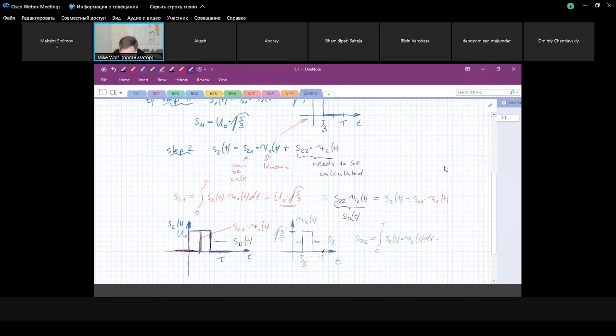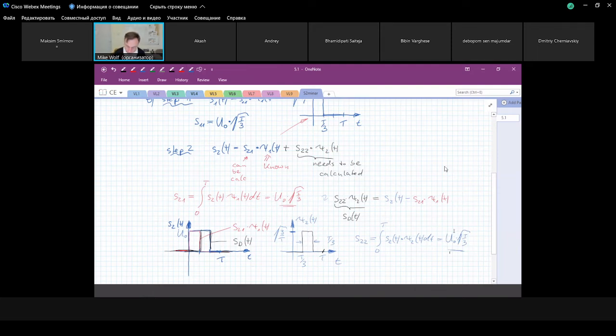But what is it? This is SD of t, the amplitude is u0. And how do we have to weight this basis function in order to obtain this u0? It's again u0 times square root of t by 3. And then we have it.